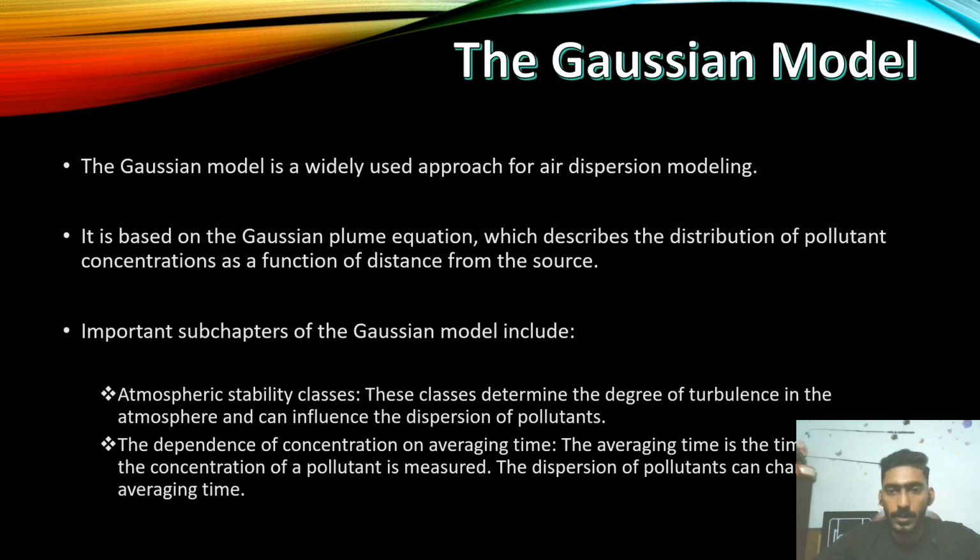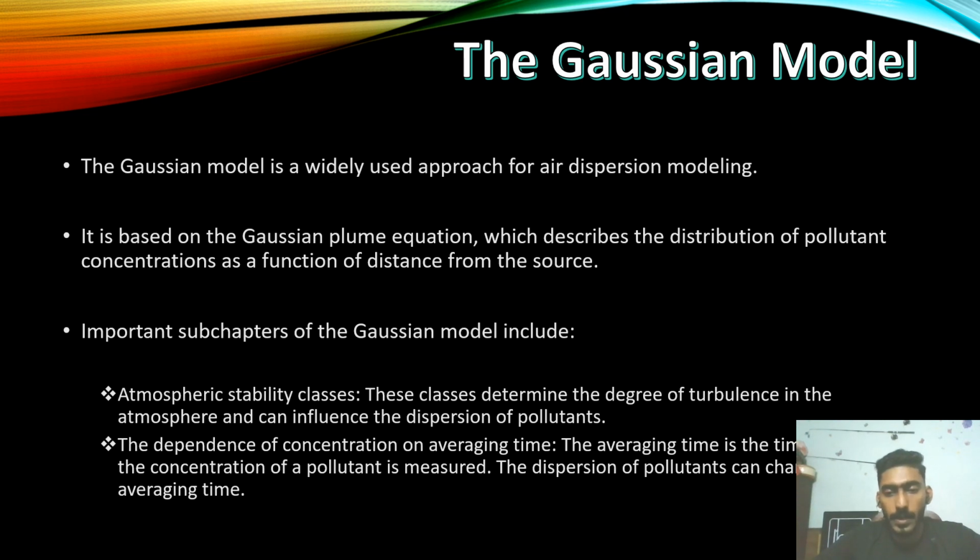This slide shows the Gaussian model, which is a widely used approach for air dispersion modeling. It is based on the Gaussian plume equation, which describes the distribution of pollutant concentration as a function of distance from source. Important subchapters of the Gaussian model include atmospheric stability classes.